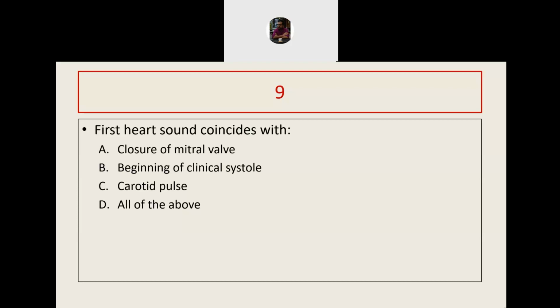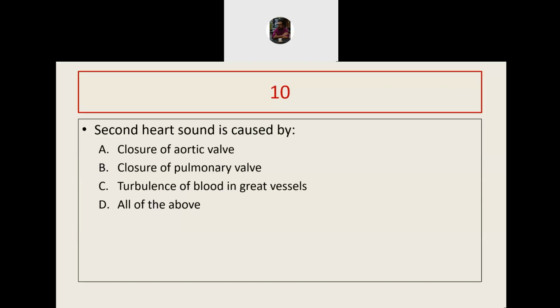Next question. Second heart sound is caused by. Next question.